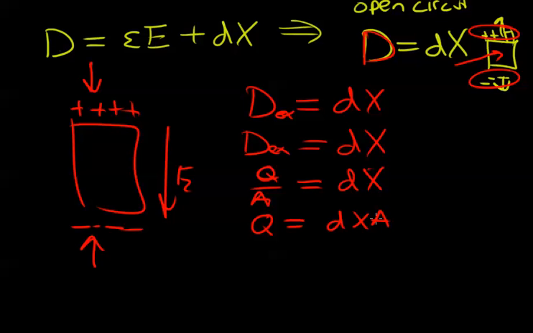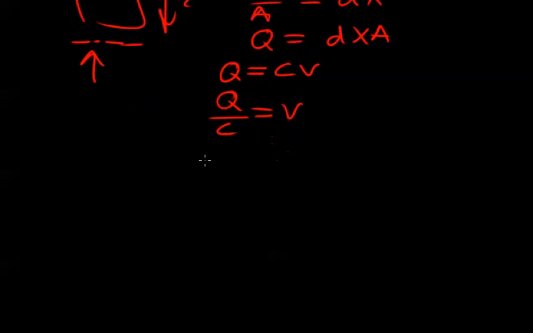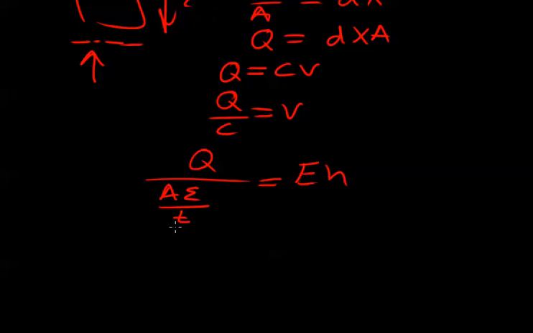Let's take a look at Q equals CV, so Q over C equals V. Q over area times dielectric permittivity over thickness equals electric field times the height.